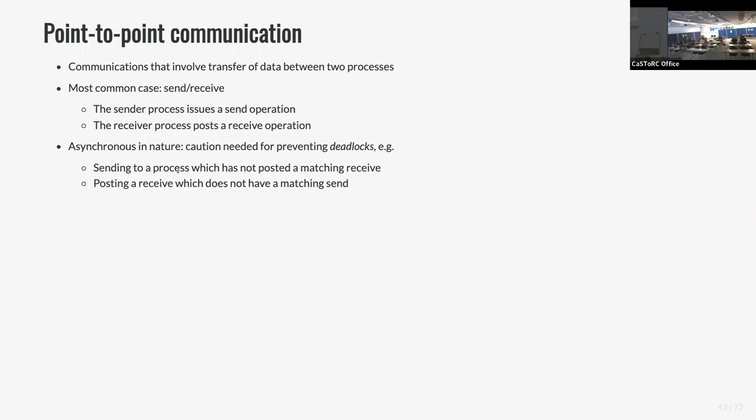All of this is asynchronous, meaning that deadlocks can happen. A deadlock is when, for example, one process wants to send some data to another process, but the other process that expects to receive it does not call the function to receive the data. Then this will result in blocking of the whole code.